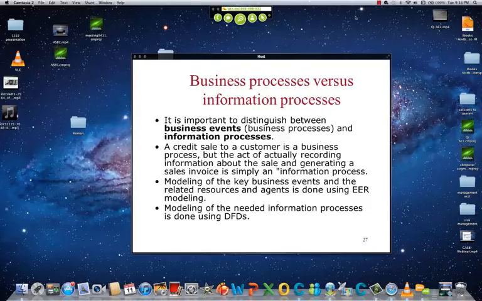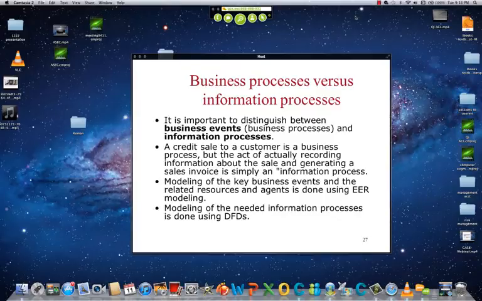Good. Why is it important? It is important because in our EER diagrams, we want to capture significant business events and business processes. On our DFDs, we want to capture how information is captured, processed, and reported.